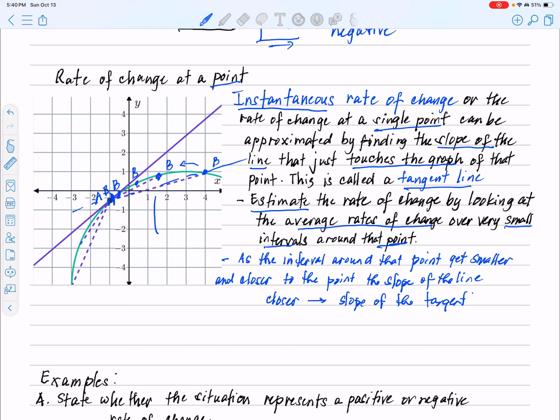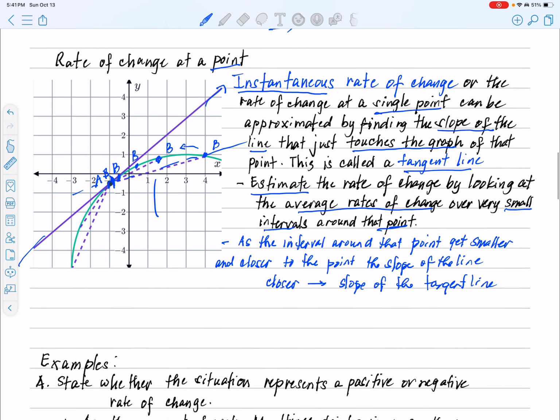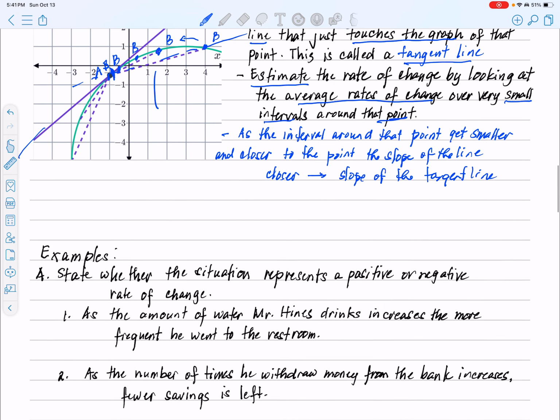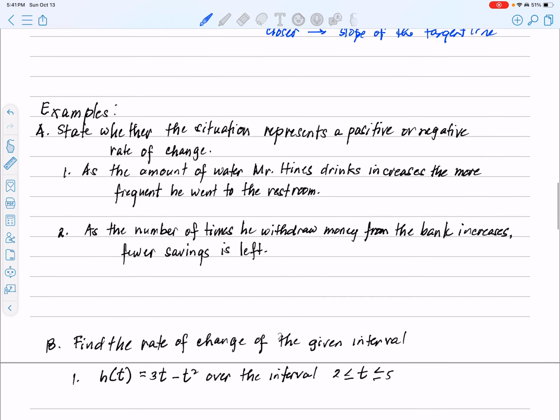The tangent line is the line that touches the graph. So at point A, we draw this line right here. I think we have done that, drawing a line that touches the graph, using the tangent line. Okay, let's do an example.